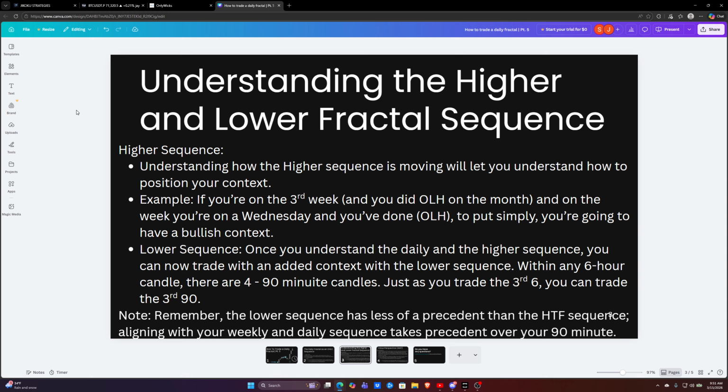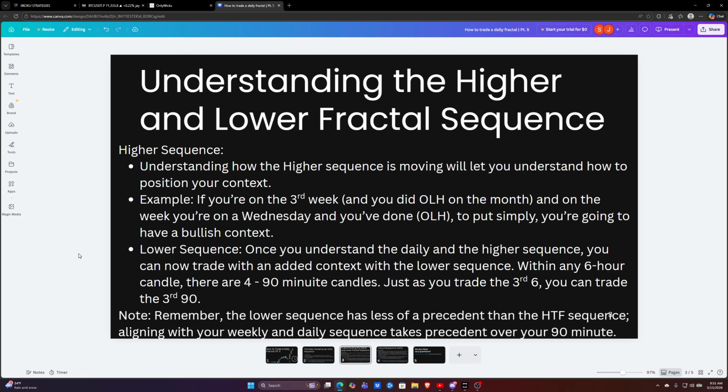So imagine you're on the third week. Within the monthly, you've done open low and you're going to do your high. Within that week as well, you've done open low, and now on the Wednesday, you're going to expect your high. It's pretty clear at that moment, you're going to have a bullish context. What the market's telling you is technically bullish from a time perspective. Now, that's just one way we look at it.